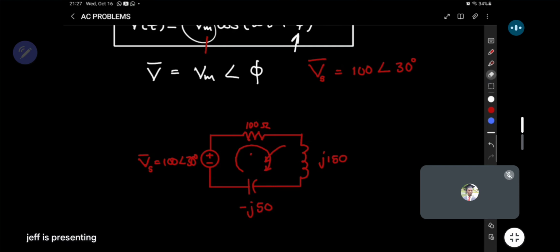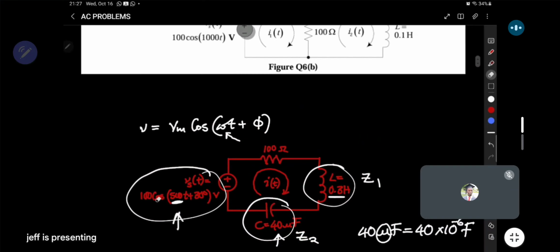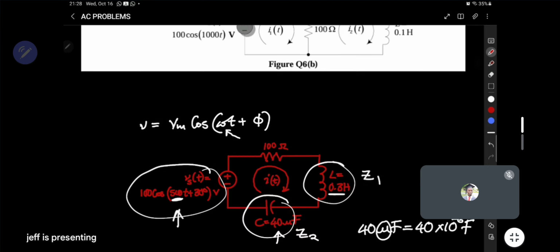If the supply voltage is given as a sine function instead of cosine, you will have to convert it, using the double angle identities, to its corresponding cosine function, one that has the same shape as what you're given. I think in the last class for triple E, we concentrated on how we perform those transformations. Hope you guys remember that one.